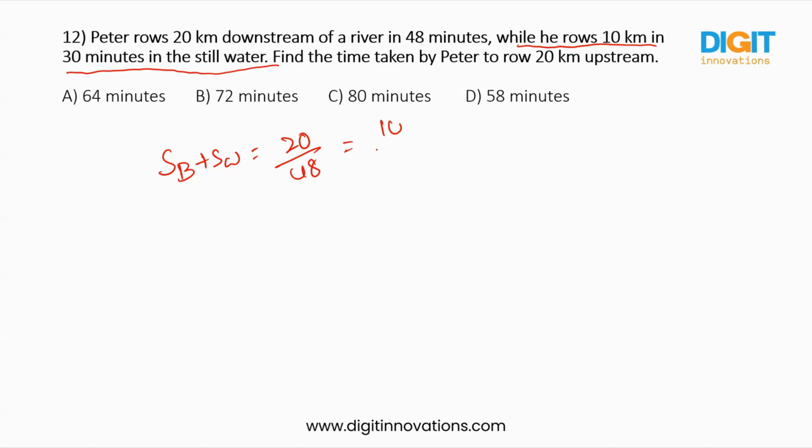So 10 by 24 and 5 by 12. So 5 by 12 is the value. And here you have to find the speed of the boat: 10 kilometers in 30 minutes, which is nothing but 1 by 3.